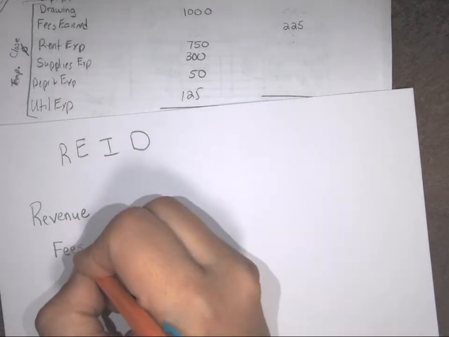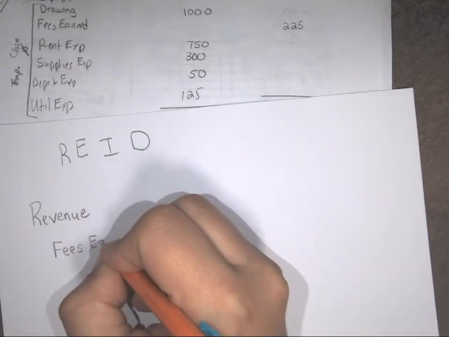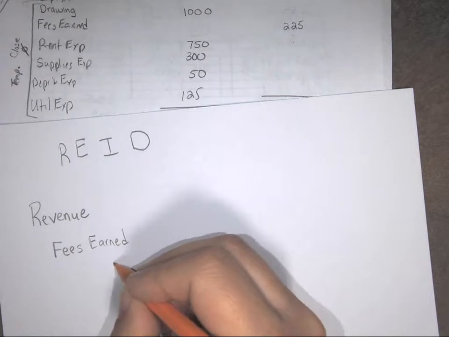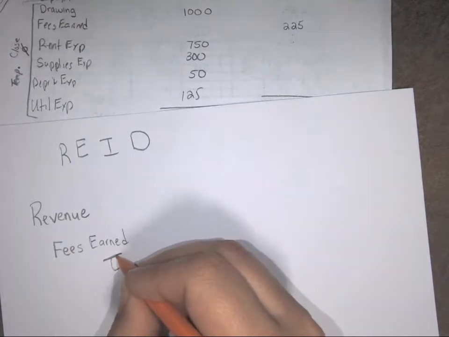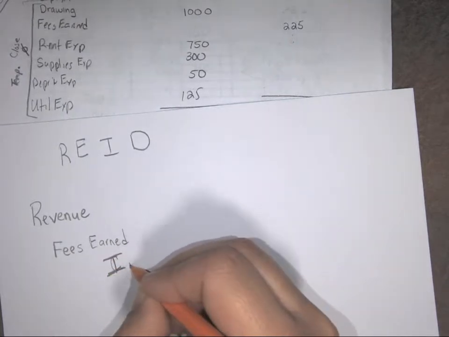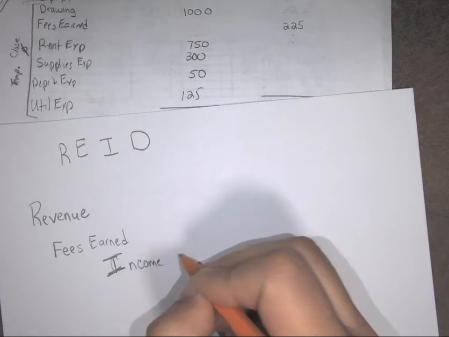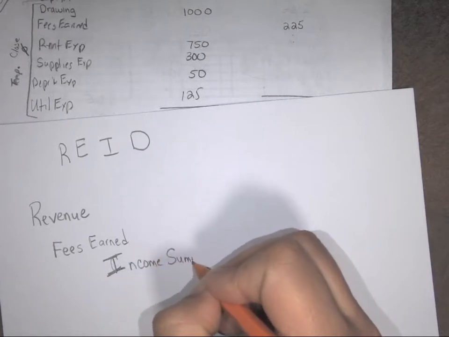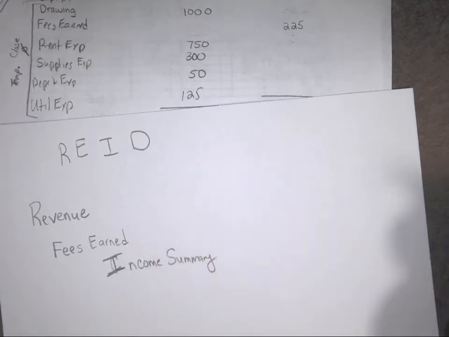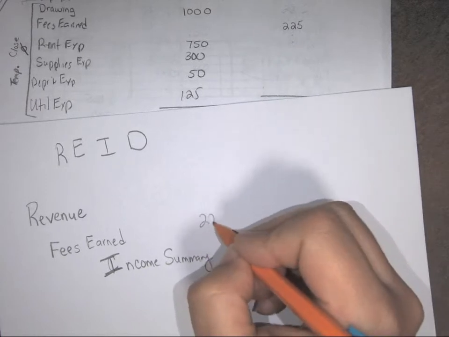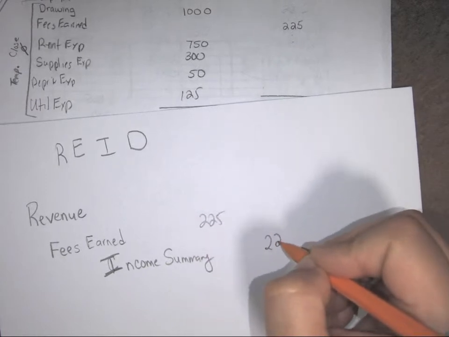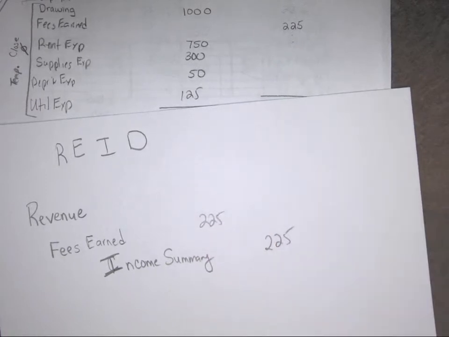But what we would have is that fees earned account, and then we would close that to a new account that we have, which is the income summary account. And with that, we would be looking at these particular amounts that you see here.